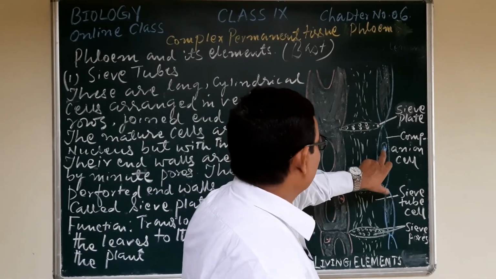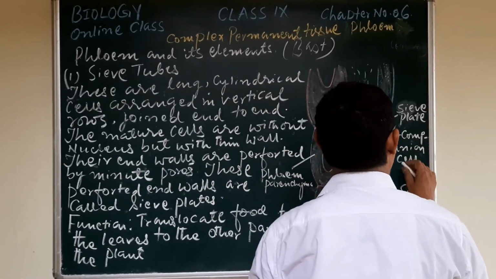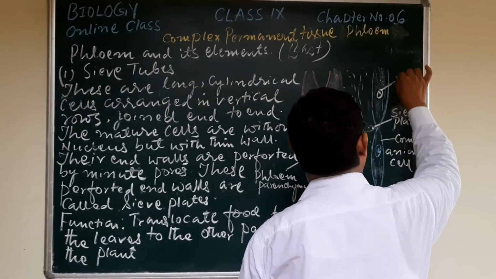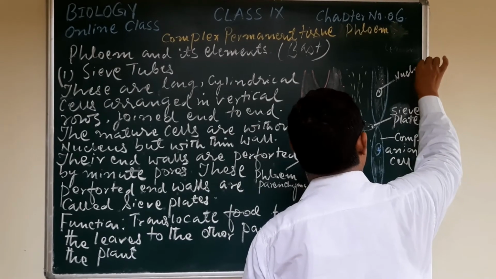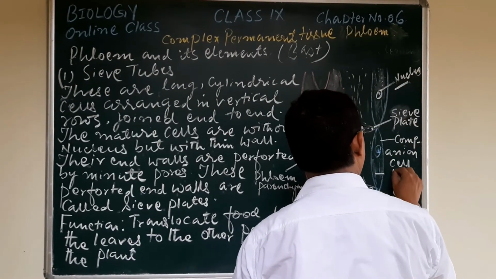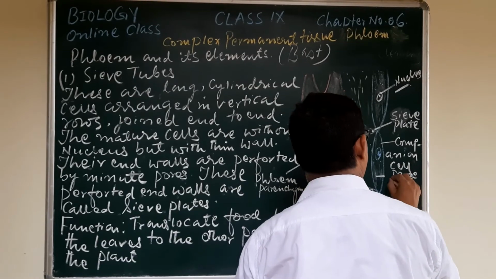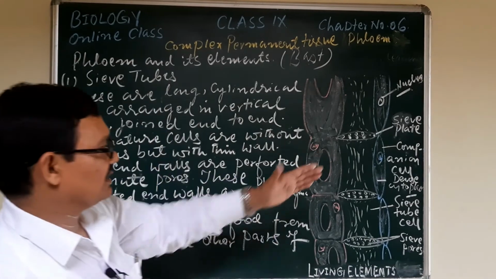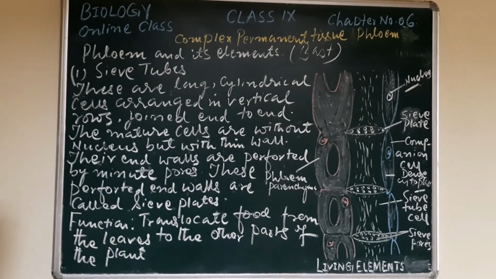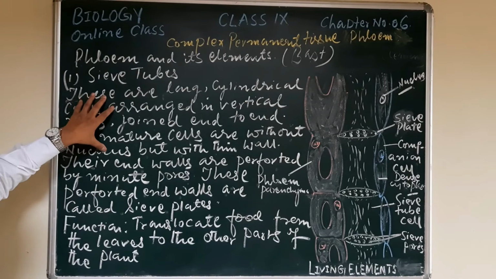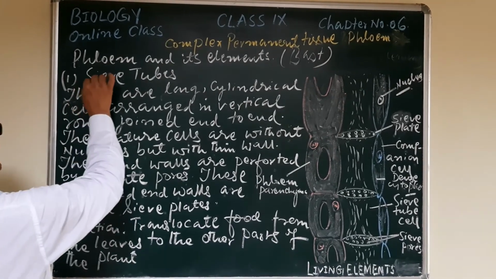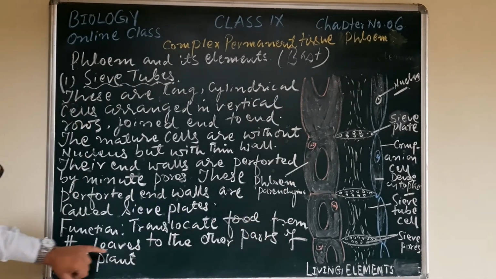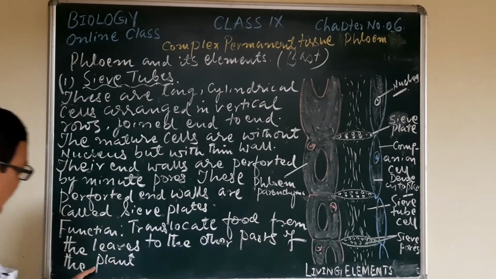Sieve tubes are mainly related to the conduction or translocation of food from the leaves to the other parts of the plant.